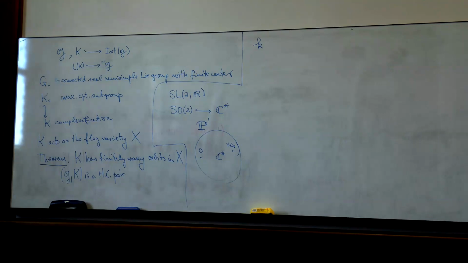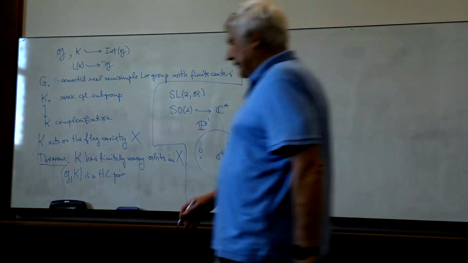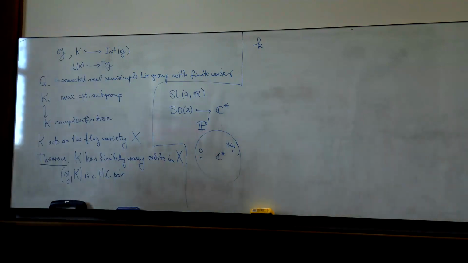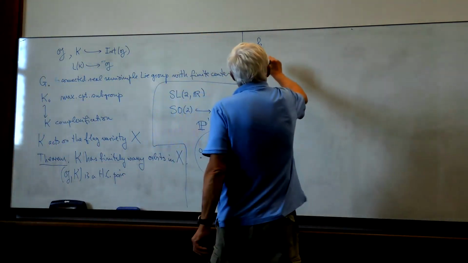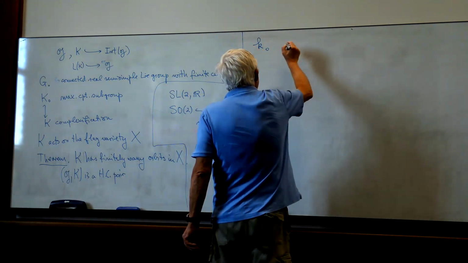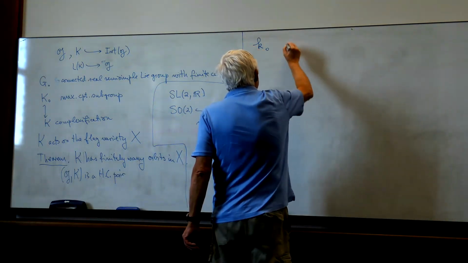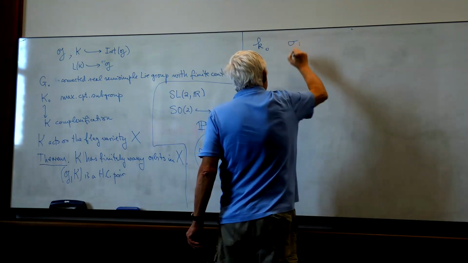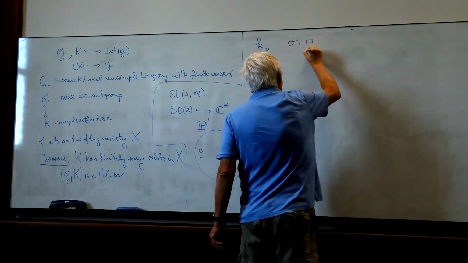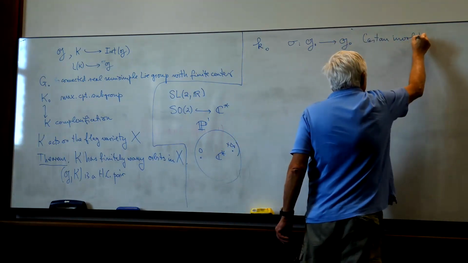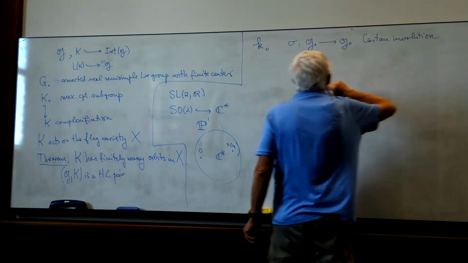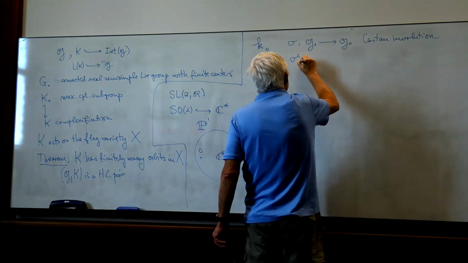And the main observation that will make the proof work is that if I look at K naught, there is the so-called Cartan involution sigma, so sigma squared is equal to 1.